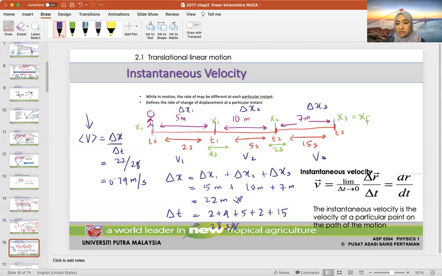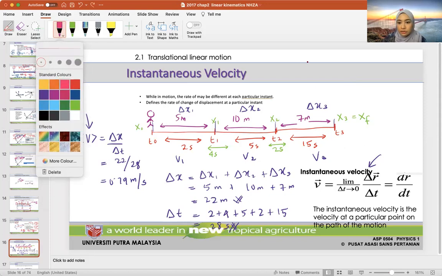So this is where instantaneous velocity helps us. Instantaneous velocity ni dia akan bagi tahu kita, okay, dalam duration T0 to T1, the speed of Fatihah is 5 divided by 2 because that is delta x1 divided by T1 minus T0. Let me write that down. So at this V1, let me use a different color sebab dah macam serabut kat sini. Let's use pink.